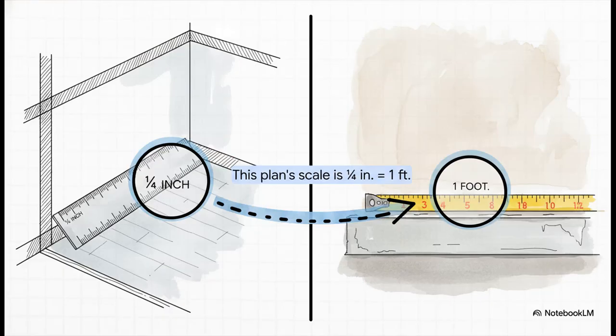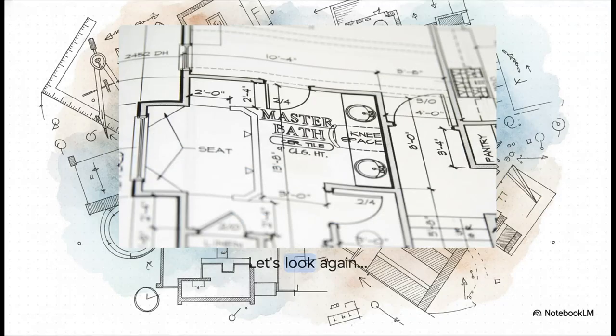And this makes the idea of scale super clear. On our classroom plan, it says the scale is 1/4 inch equals 1 foot. What that means is for every 1/4 inch you measure on the paper, that represents 1 full foot in the real classroom. This is what keeps the whole drawing accurate and proportional. It's kind of brilliant.